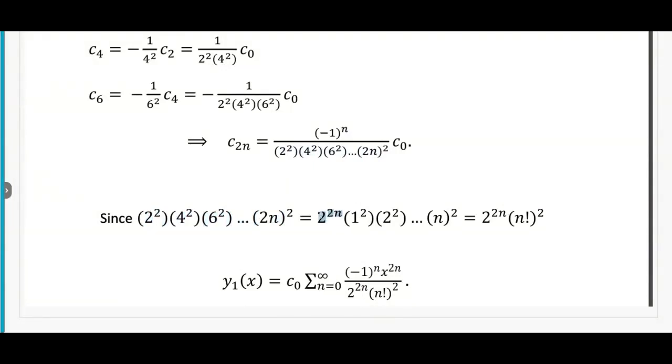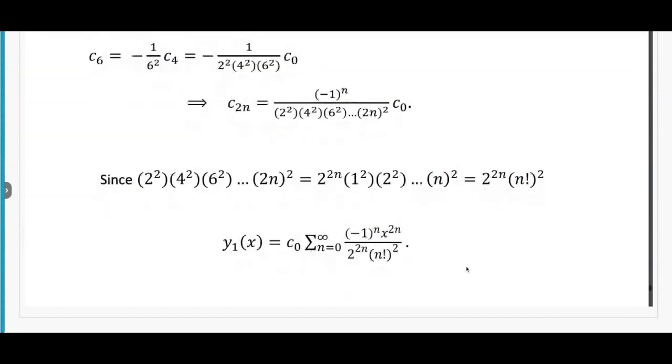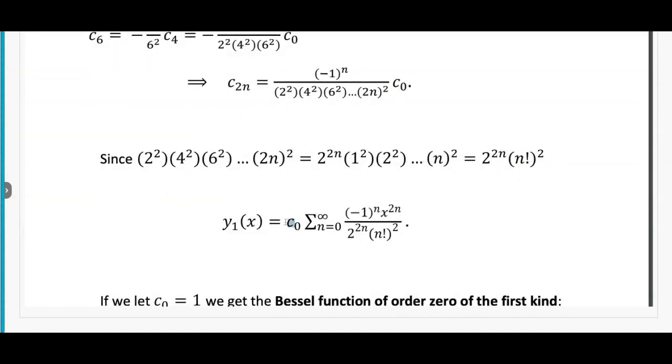That's a 2 to the 2n. 1 squared, 2 squared, so on and so forth. And this can be written as 2 to the 2n's power times n factorial squared, right? Because we have 1 squared, 2 squared, 3 squared, so on and so forth, n squared. So that's n factorial squared.